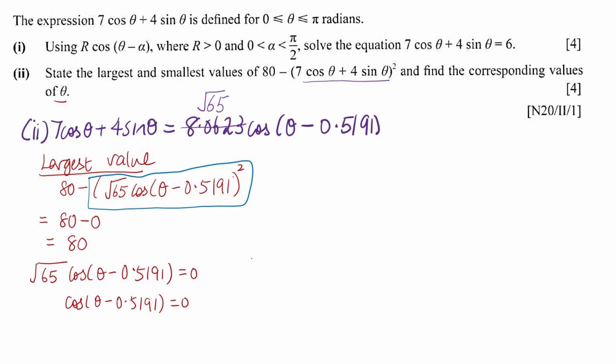All right, so if you were to recall your cosine curve, to get your y value of 0, the first value, your reference angle would have to be this value here, which is 90 degrees, pi over 2. So therefore, theta minus 0.5191 will be equals to pi over 2. And hence, theta will be approximately 2.09 expressed to 3 significant figures.